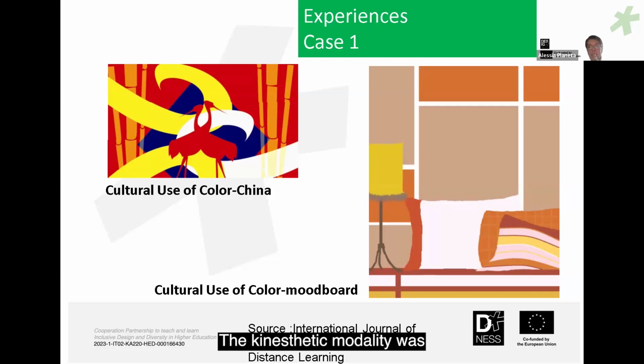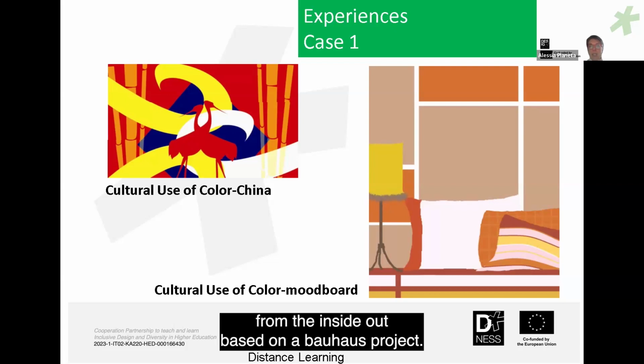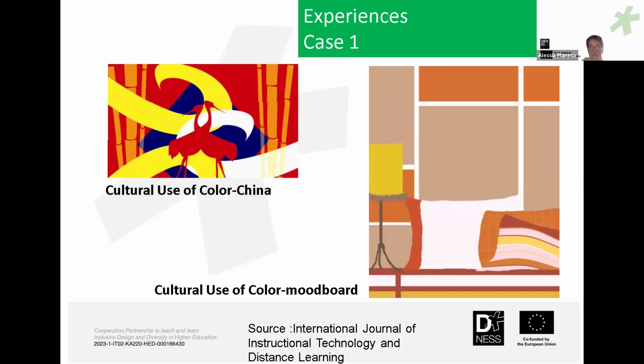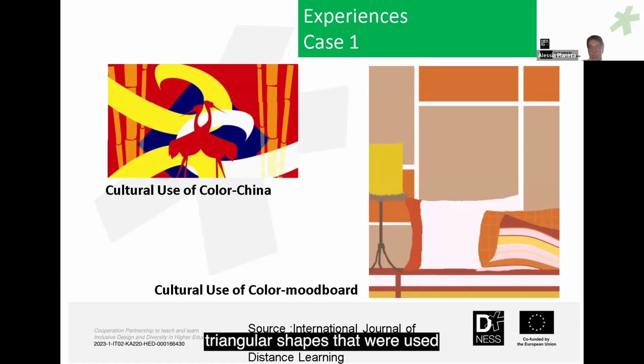The kinesthetic modality was implemented, asking the student to build a model. They were asked to construct, to build a structure of their choice from the inside out based on a Bauhaus project. They downloaded the assignment sheets, the shapes, triangular shapes that were used to develop the cardstock model.